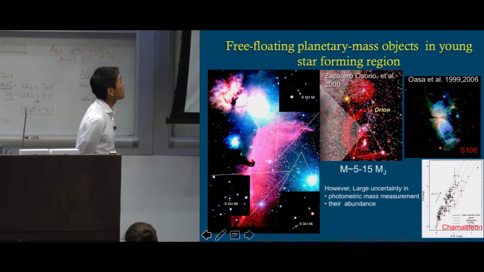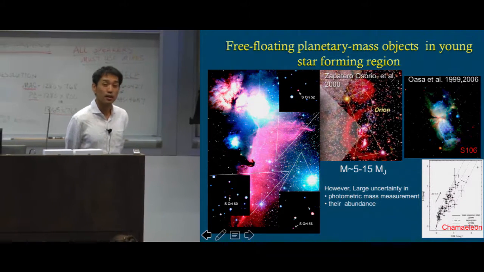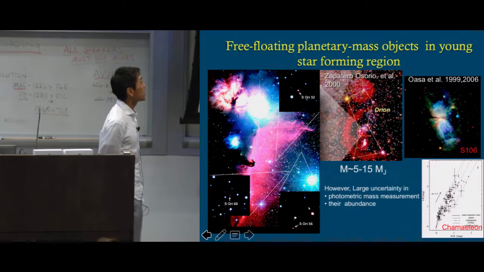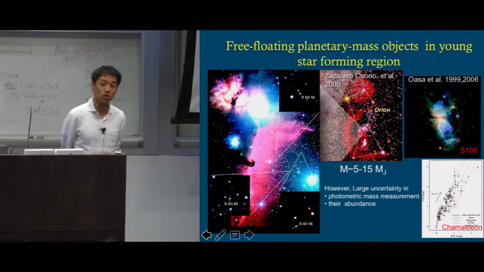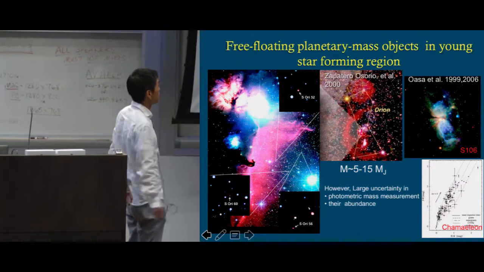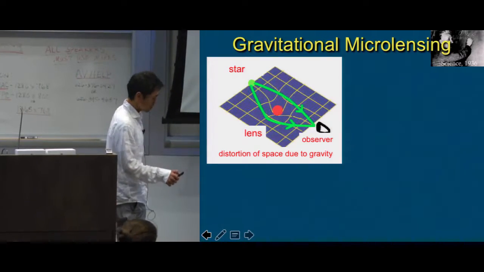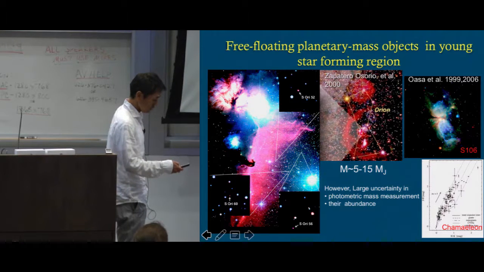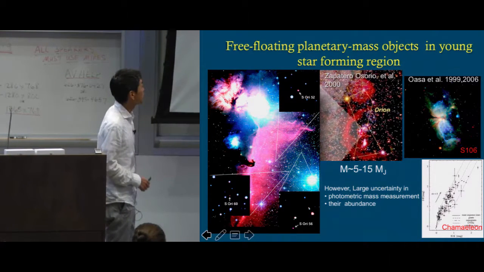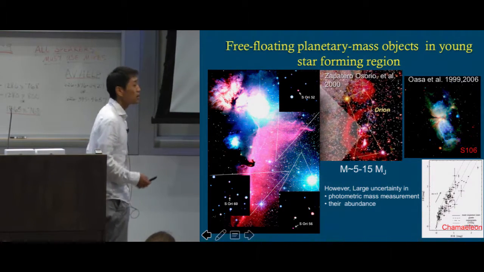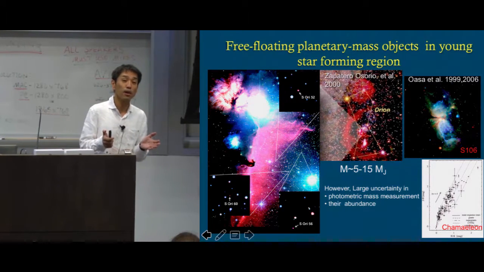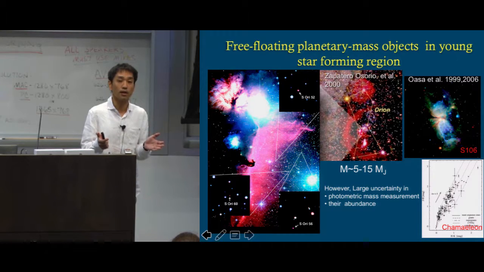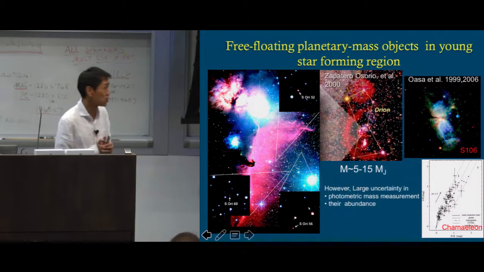Free-floating planetary mass objects have been found in many young star-forming regions by using infrared deep imaging surveys. Like this faint red object, because even such a small object is still hot when it is formed and emitting infrared radiation.